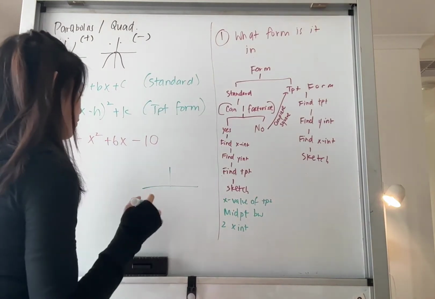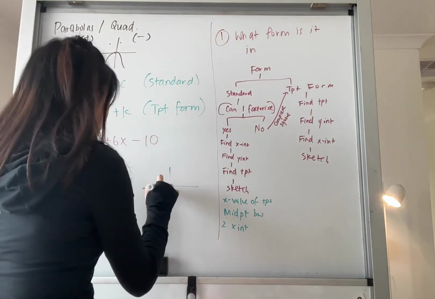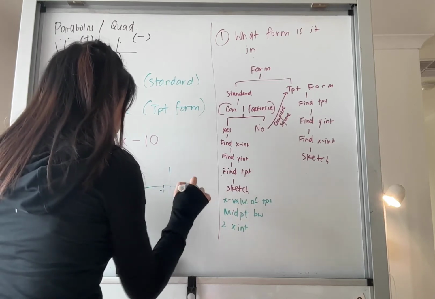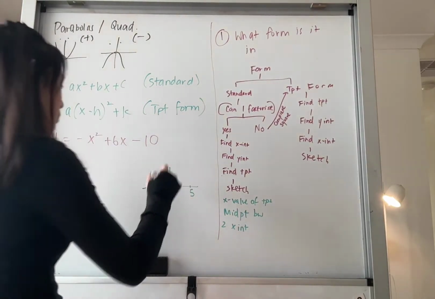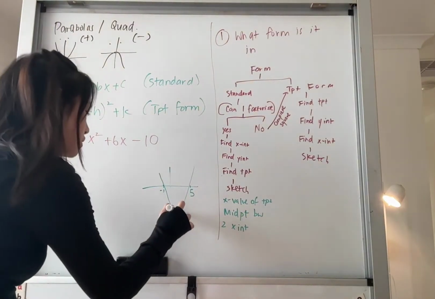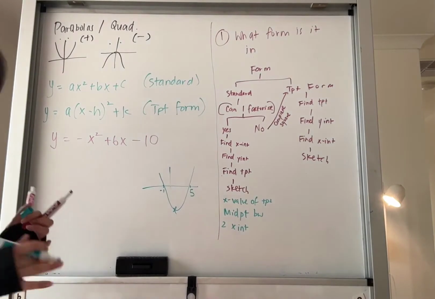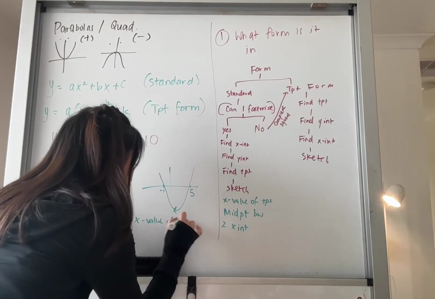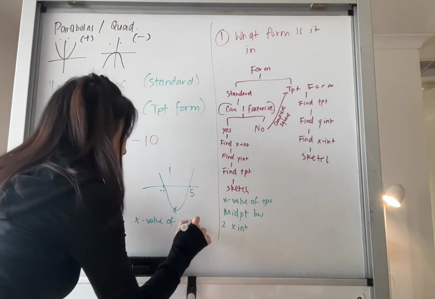I have a graph where the x-intercepts are at, let's say, -1 and 5. Okay? And it's a positive graph, so it looks something like this. And I want to know what the turning point is. So the x value of turning point is just the midpoint between these two.